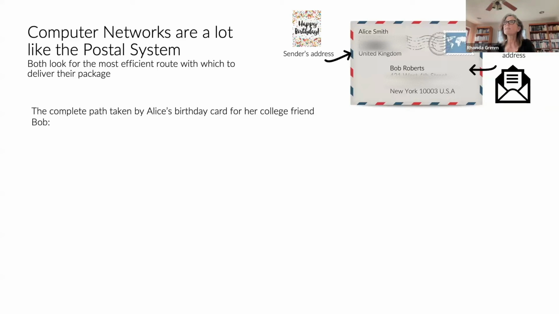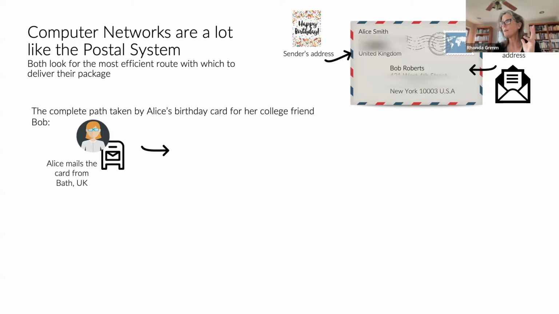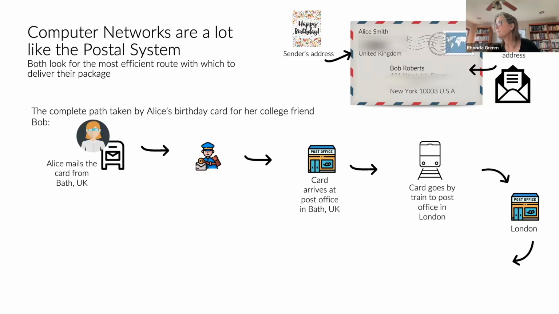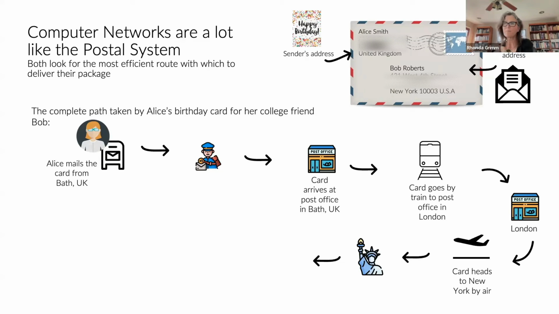So this is the complete path taken by Alice to get her birthday card to her buddy Bob. She puts the card in the envelope, she addresses it, she takes it to the mailbox, the post person carries it to the nearest post office. That card goes by train to an office in London, and in London it gets on a plane and heads to New York.